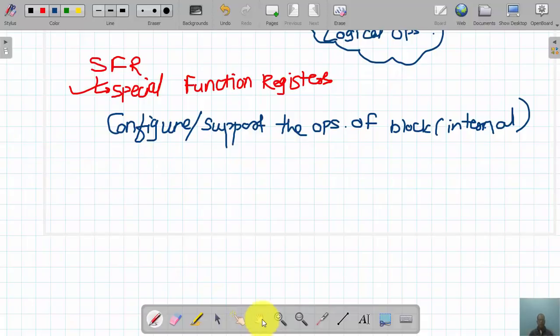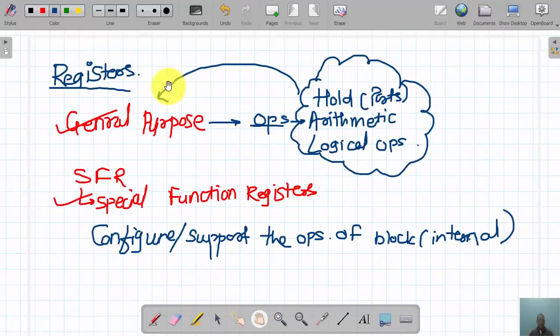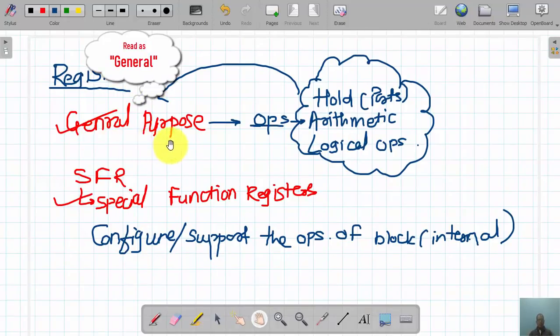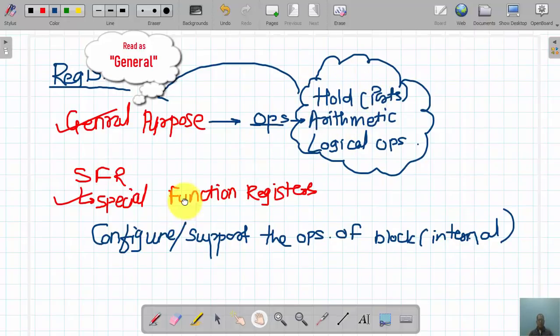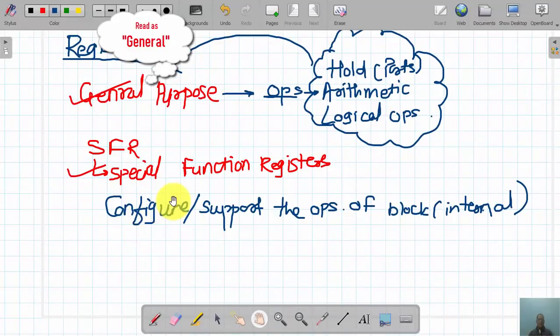The basic difference is simple: general purpose registers are used to support general operations like arithmetic operations, logical operations, or holding the data coming from the port. Whereas the SFRs, special function registers, are used to configure or support the operation of internal blocks.